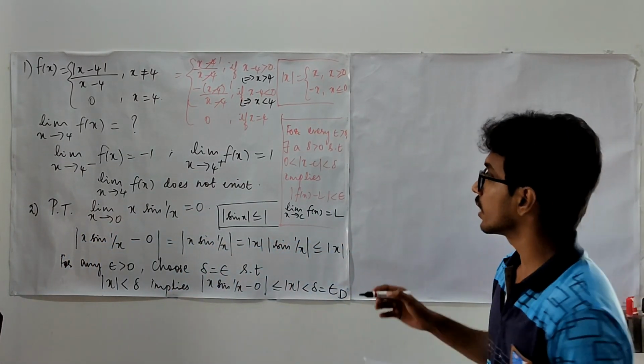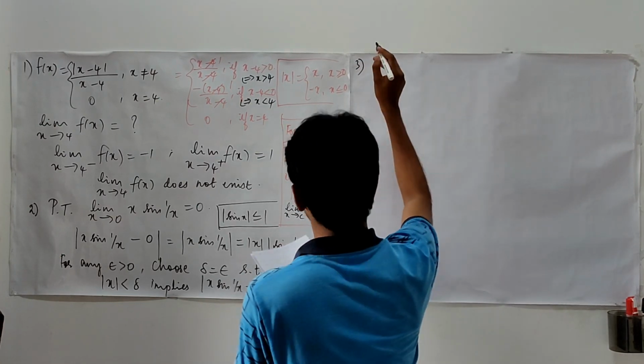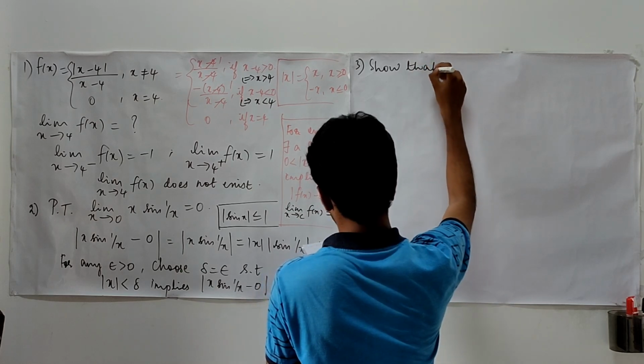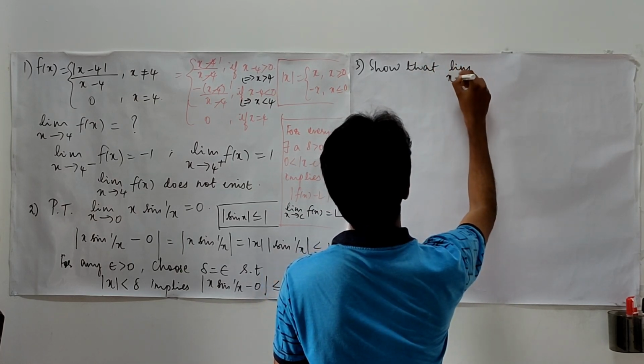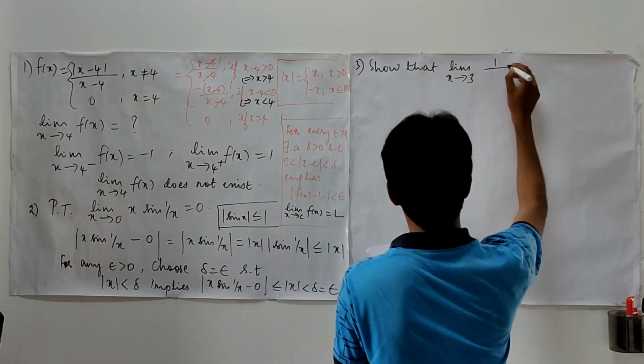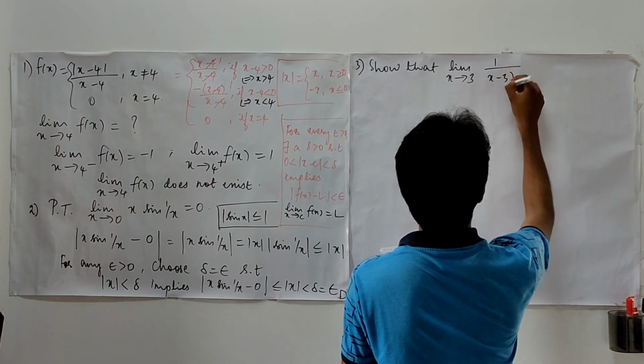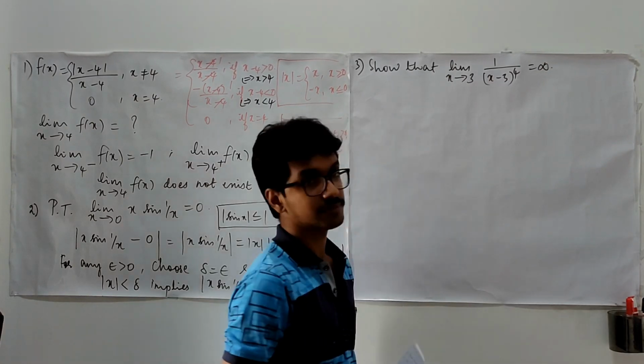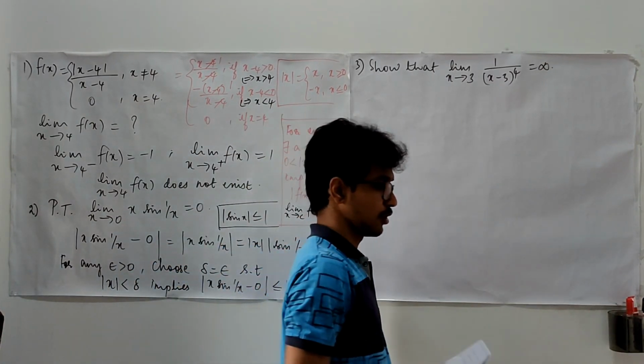And similarly, the next problem that we are going to see is that we have to show that limit x approaches 3, 1 upon (x minus 3) to the power 4 is infinity. This is what we have to do.